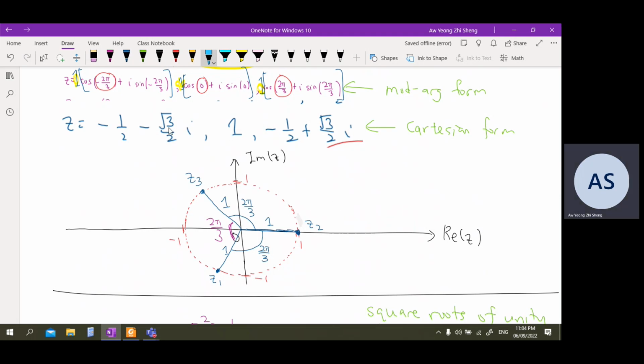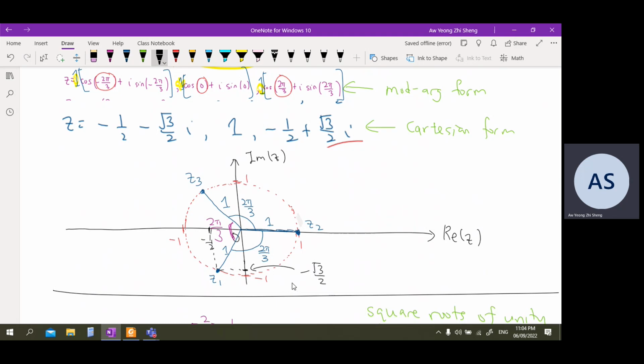If you really check the three solutions, the z1, which has -half minus root 3 over 2 i, it actually makes sense for it to be here. -half is roughly here, and this number will be minus root 3 over 2, which is quite near to -1.